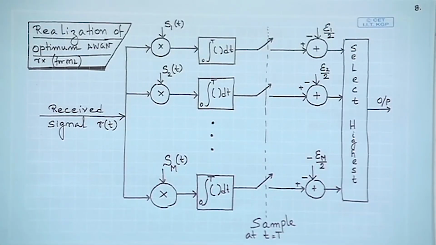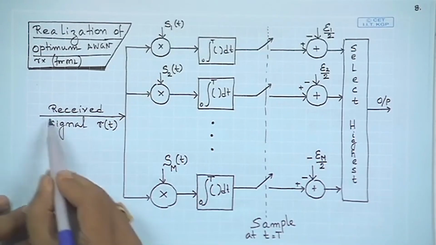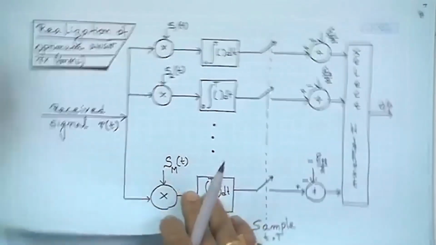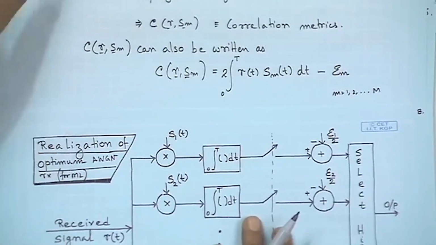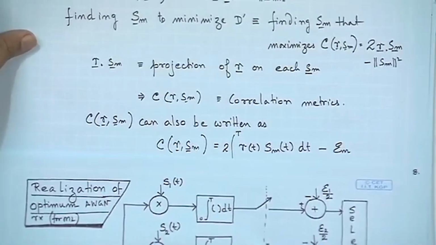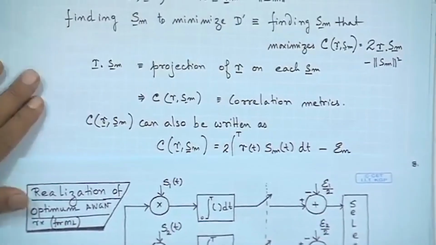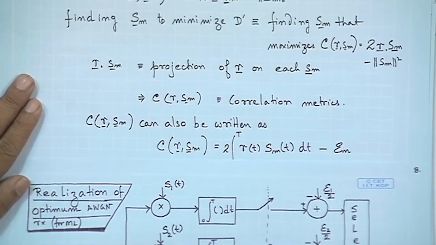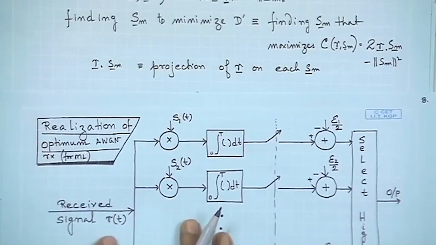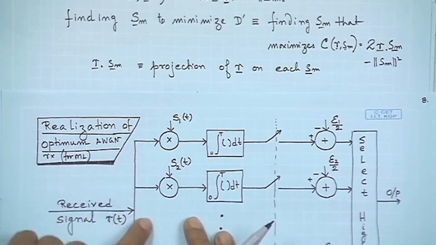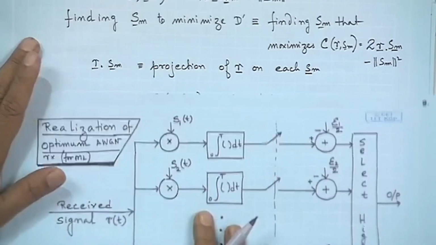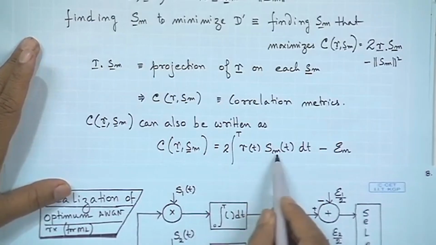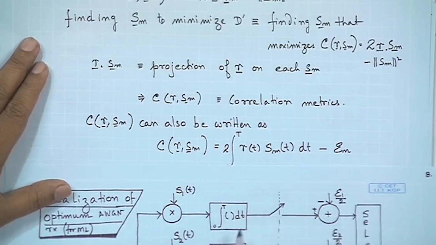So, what we have is the received signal, and just for the sake of seeing it on the same screen, the received signal coming in is split, and in the first path it is multiplied with S1, and then there is the integrator.